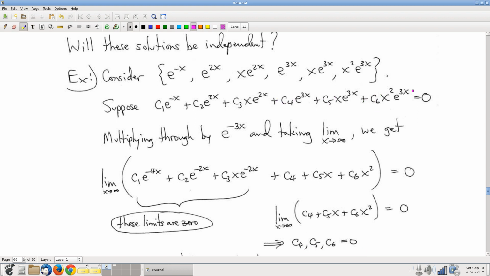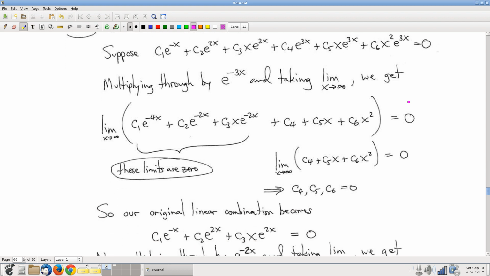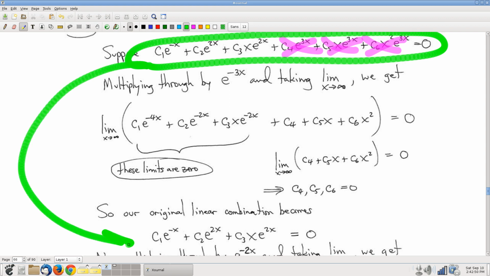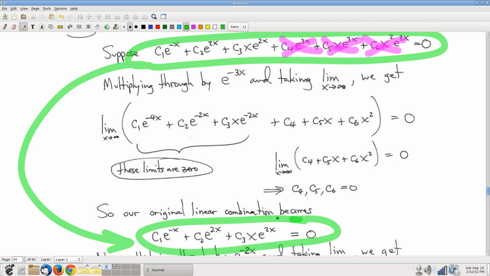Our goal was to show that all the coefficients were 0. We see that these 3 of the 6 already are. Okay, so that being the case, with these terms gone, our equation here becomes this, and we repeat.